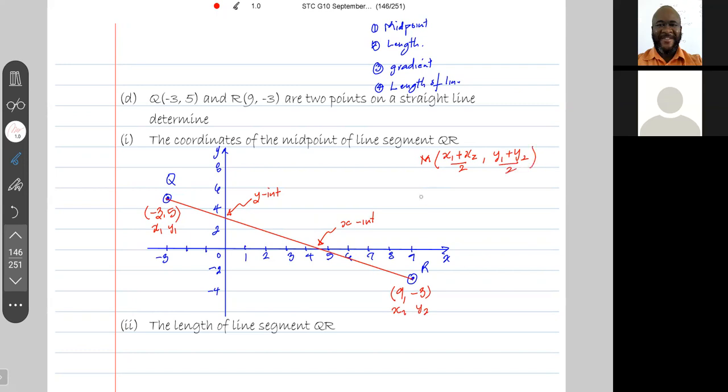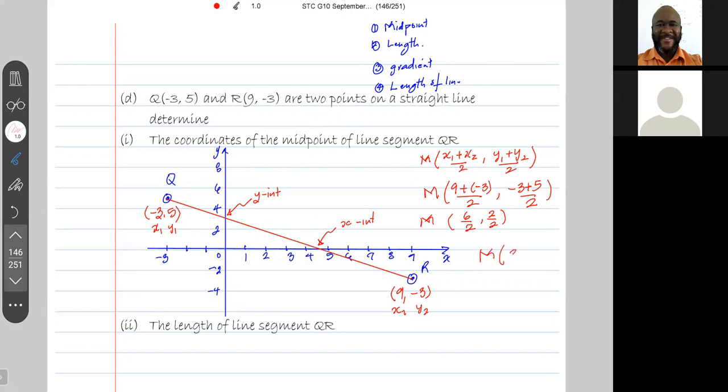So x2 is 9 plus x1, which is minus 3, over 2, y1, which is 5... Now, 9 plus minus 3 is 6, so this is 6 over 2. Minus 3 plus 5 is 2, so this is 2 over 2. So M is the point 3, 1.